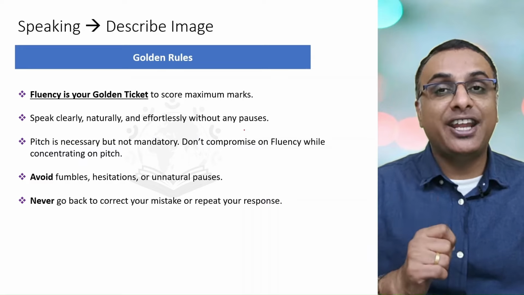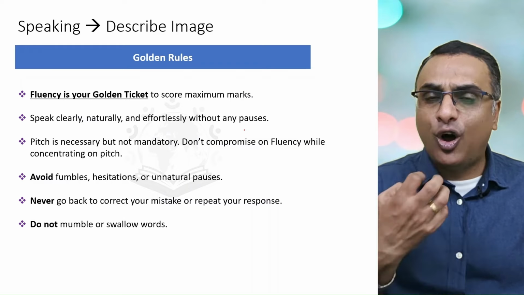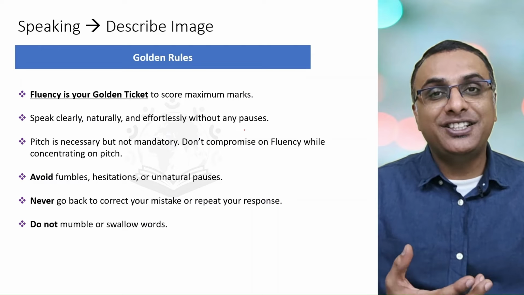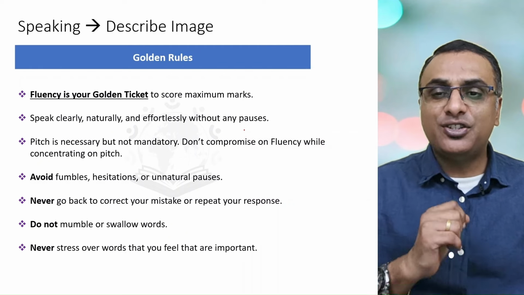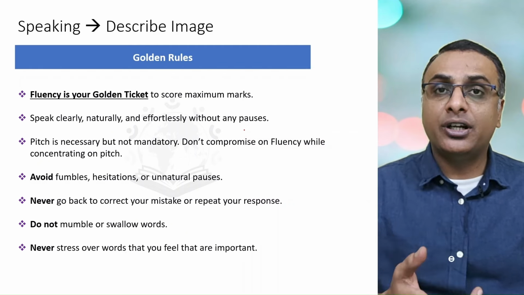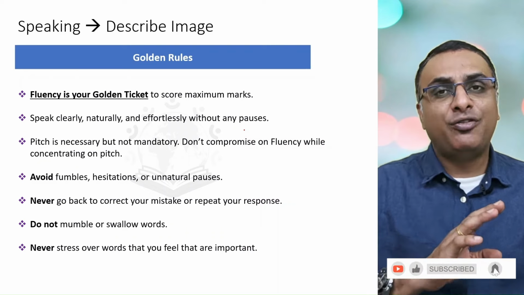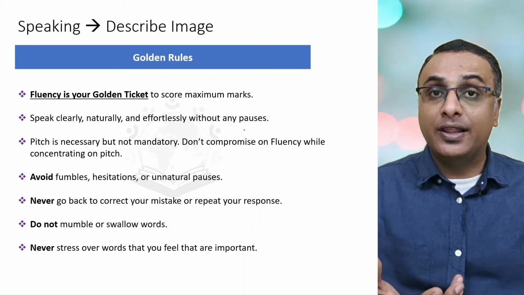This is also one of the negative factors that you need to avoid. Next thing is don't mumble or swallow words. Open your mouth and speak so that your pronunciation marks is ticked off. Next thing, never stress on words that you feel that are important. As per your perception, you feel some words are important, but for PTE, it is absolutely not. So give equal importance to all the words.